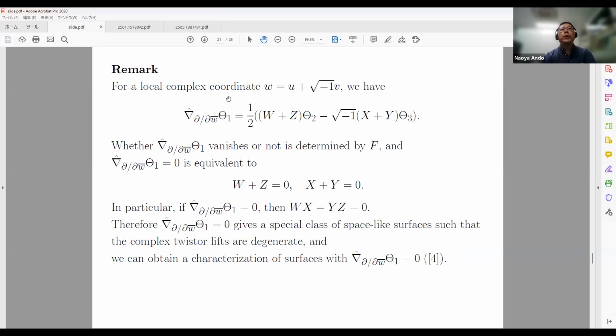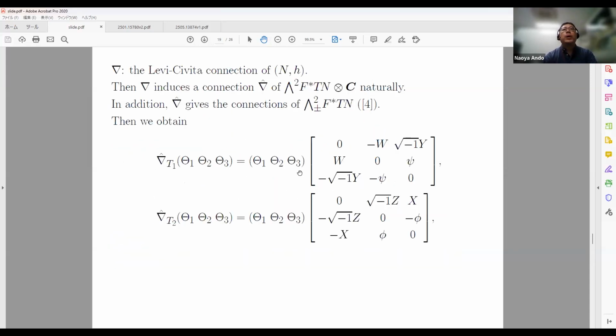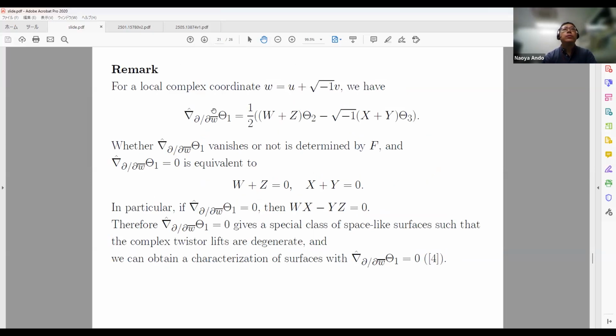For a local complex coordinate double defined by this U, V, the real part of double is U and the imaginary part is given by V. Then by these relations, we have this relation.